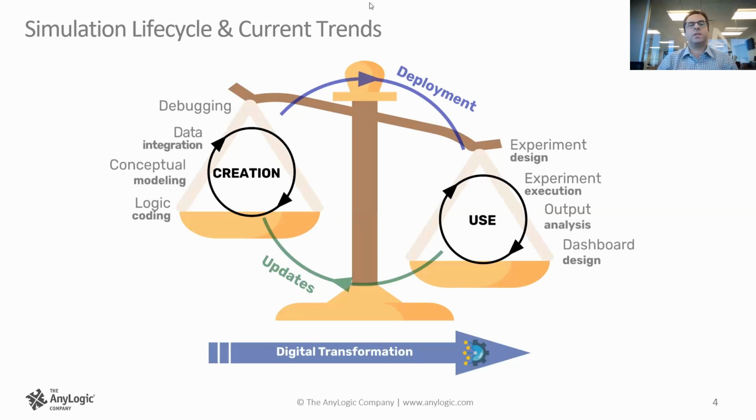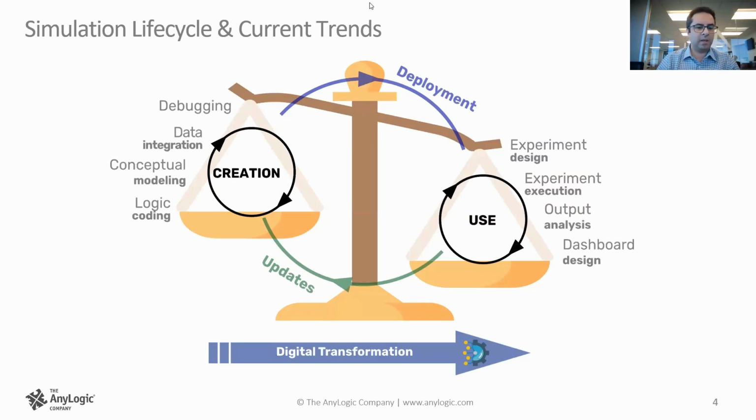One other thing that I wanted to mention is a larger trend about how the life cycle of a simulation model has changed over the past few years. As you see on the screen, there are two major phases in the life cycle of a simulation model: creation and use. And the creation part is what all of the simulation modelers are very familiar with.